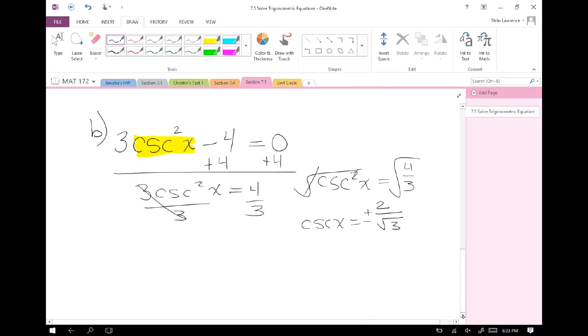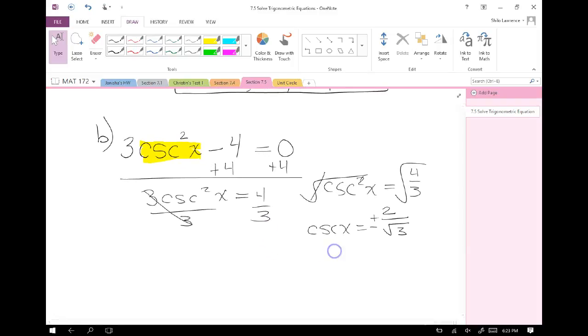We don't have cosecant explicitly labeled on our unit circle. So I'm gonna fix this. I'm gonna change it into something that we do have labeled on our unit circle, using an identity, and it's our reciprocal identity. If you flip cosecant, the reciprocal function is sine.